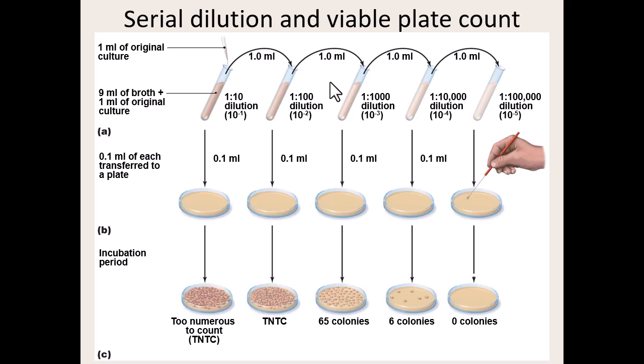If we have 65, then because we only put 1/10 of a mil, that's already times 10. 650 colonies times 1,000, 650,000 colonies per milliliter of fluid.